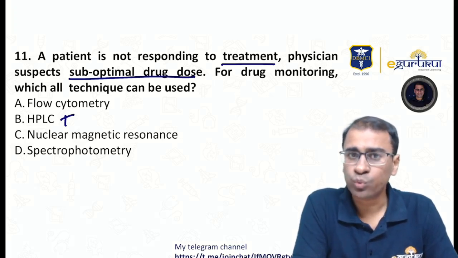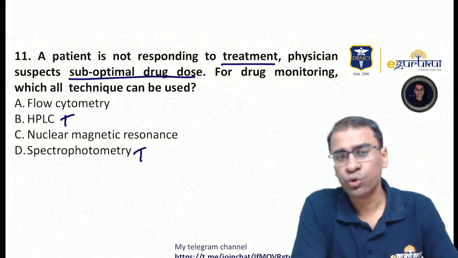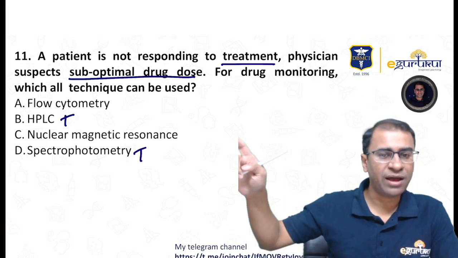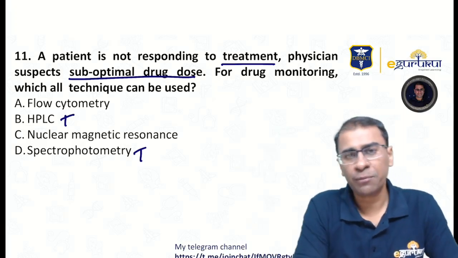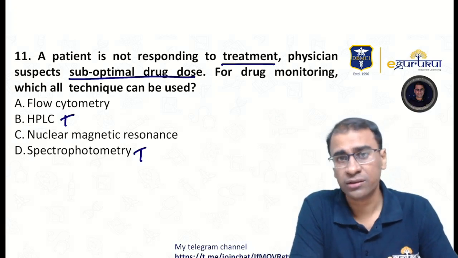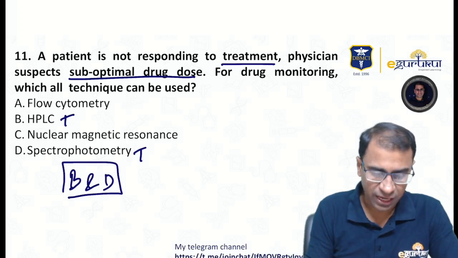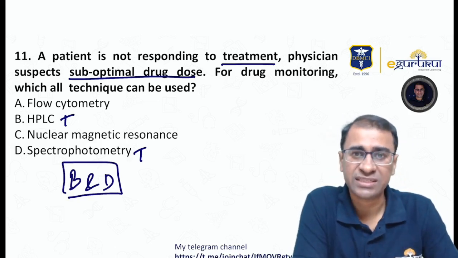But if you want to choose one of them, it is spectrophotometry and HPLC only. So these two are the best options. NMR is definitely not one of them, and flow cytometry is not actually used for drug analysis. It is used for looking for some markers on the cells. So I will go with B and D, which can be used for any drug analysis.